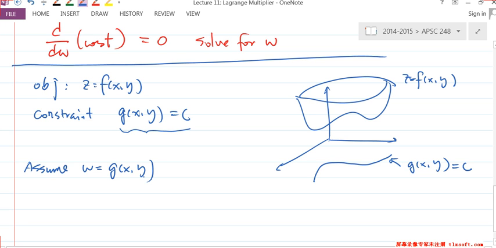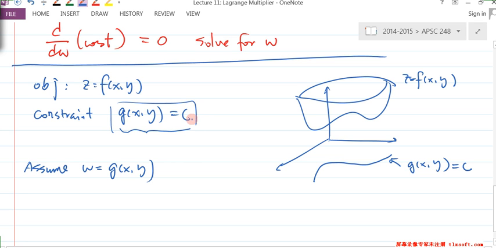Recall that when we learned visualization of a function of two variables, one way to visualize it is through contour curves. A contour curve means you let w equal different constant values. So when you have a constraint like this, c could be 0, it could be anything.